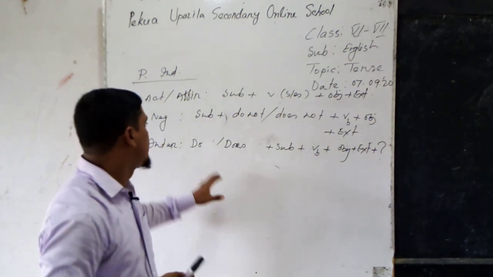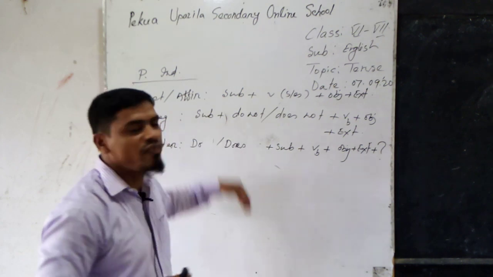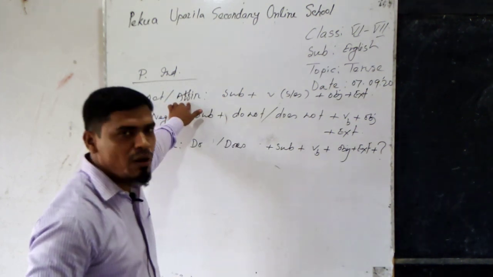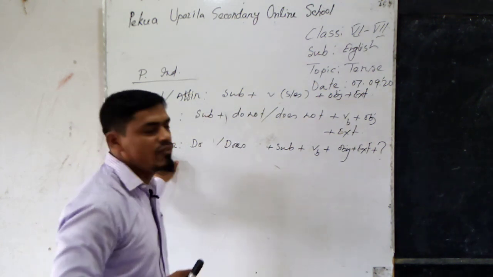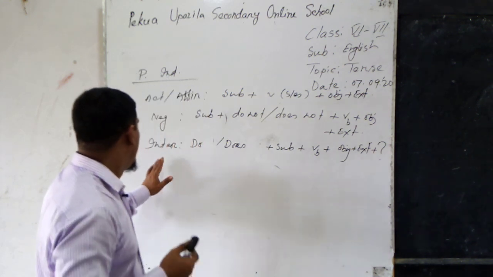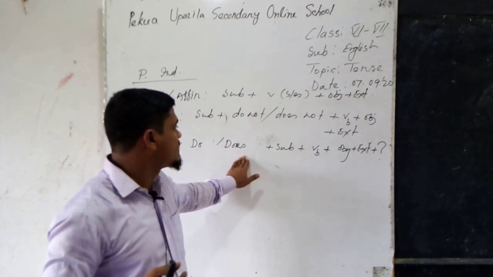Dear students, let's see the difference among these three structures. The active form, or another name affirmative form. This is negative form. This is interrogative form. The same tense, simple or present indefinite. When do you use do or does?